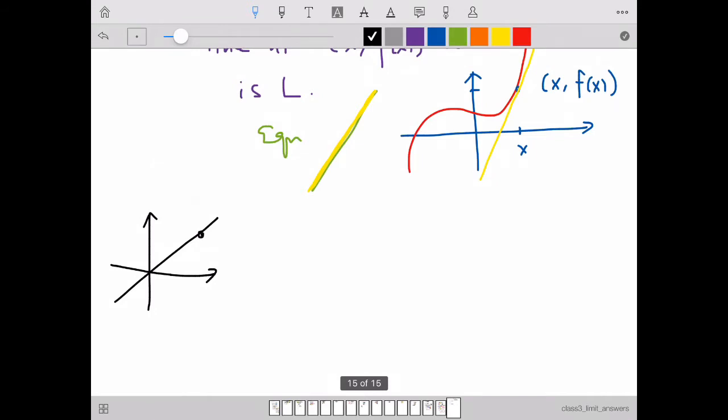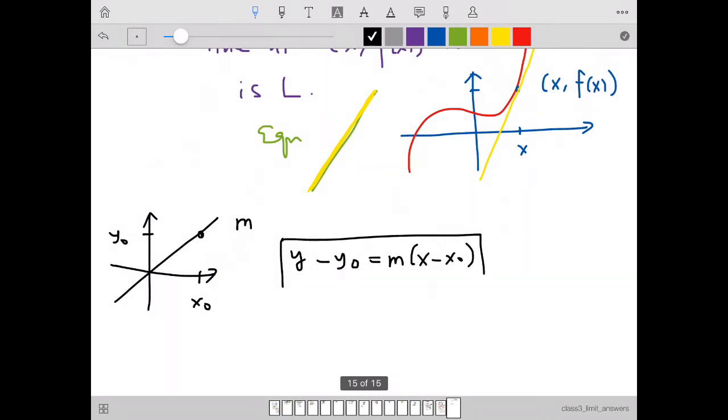You have to know one point where it goes through, x0, y0, and then you have to know the slope of the line. Then what is the equation of the line? That's y minus y0 equal to m times x minus x0. Right?